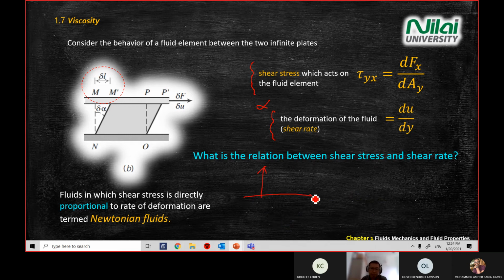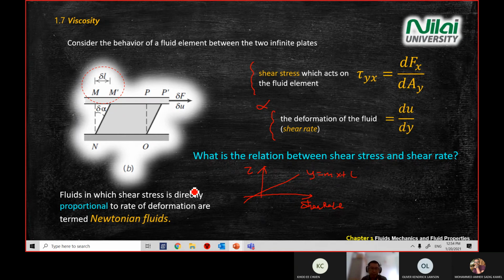It means, let's say you plot shear stress versus shear rate, you get one straight line like that. It means you have a y equal to mx plus c relationship, which is a linear graph. So you have a linear or proportional relationship to each other.